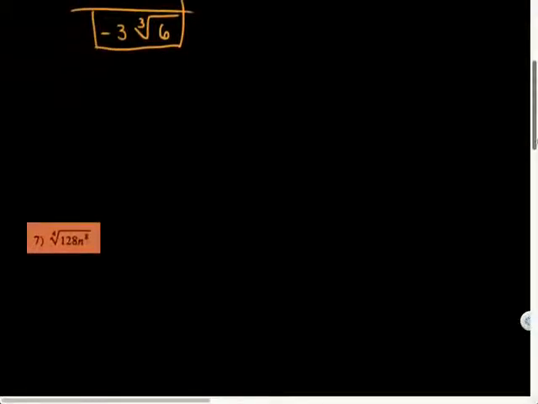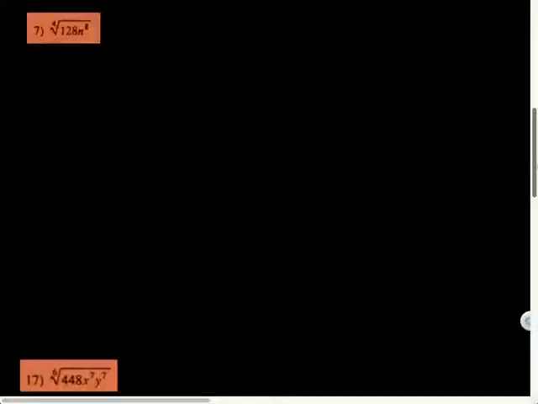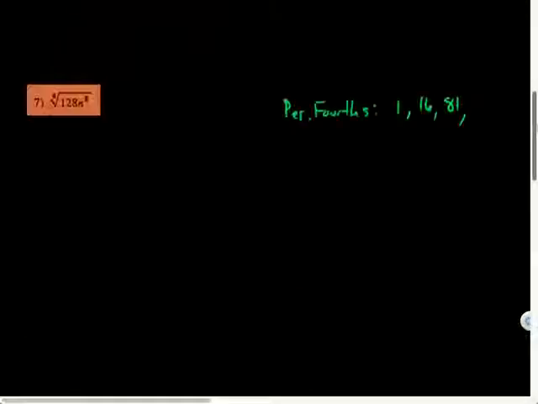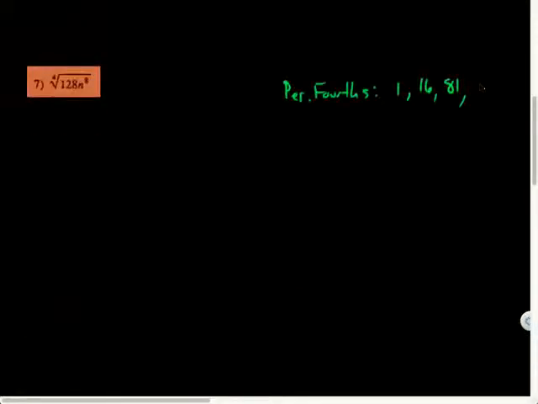Next problem. Here we go. Number 7. Let's think about the perfect fourths. So 1 to the 4th is 1. 2 to the 4th is 16. 3 to the 4th: 3 cubed is 27 times another 3 is 81. 4 cubed is 64 times another 4, is it 256?